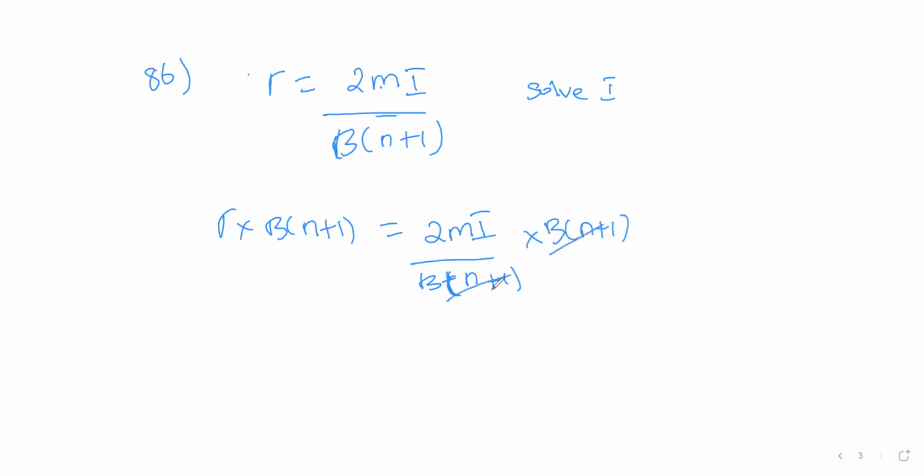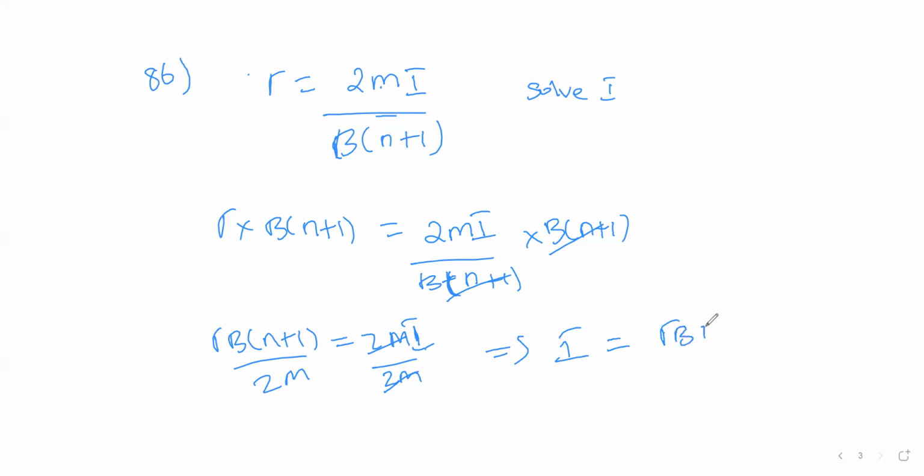So this cancels with this, and Rb n plus 1 equals 2mi. 2m is being multiplied here, so we remove it from this side by dividing both sides by it. It cancels, and we are left with I alone on this side. So our I is R b n plus 1 over 2m basically.